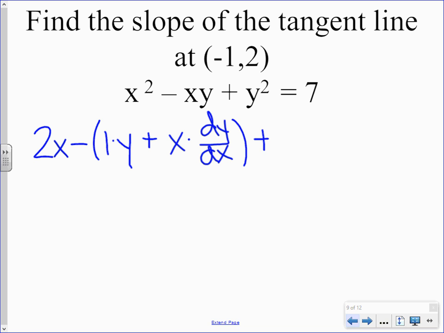Plus. Jake, derivative of y squared. Good. 2y dy dx. Chain rule, since we're taking the derivative with respect to x of a variable that is not x. Equals, everybody, what's the derivative of 7? 0.